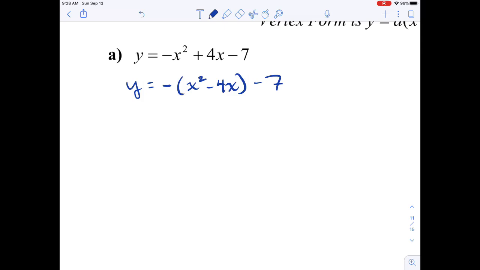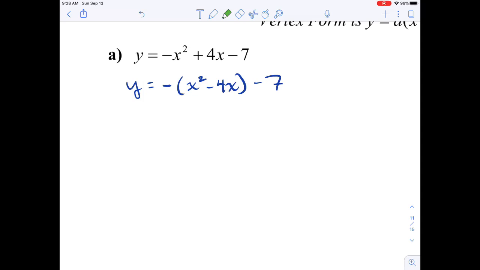And now what we're going to do is take what we have inside of this bracket and introduce some extra terms to force this bracket to be something that factors as a perfect square trinomial. So in order to make it into a perfect square trinomial, what we have to do is add and subtract a special magic number.